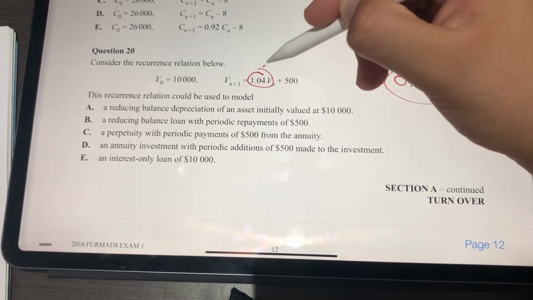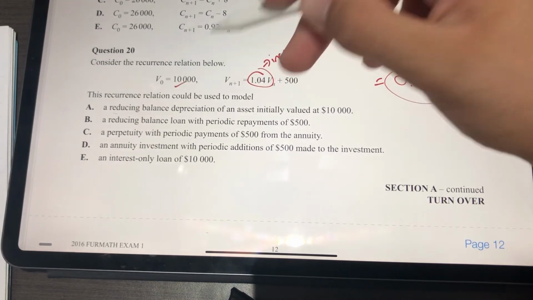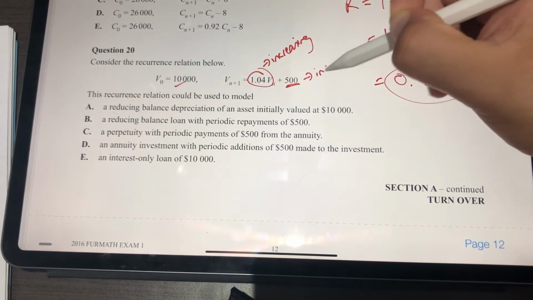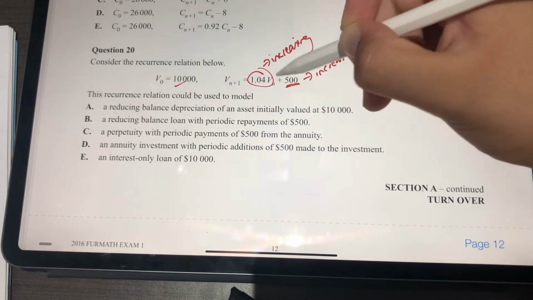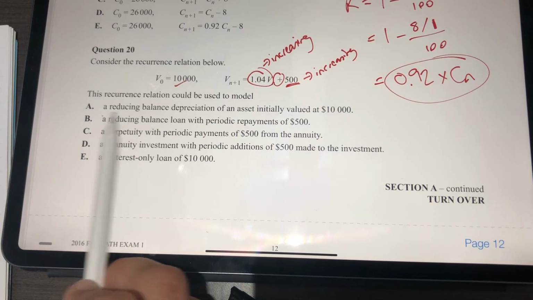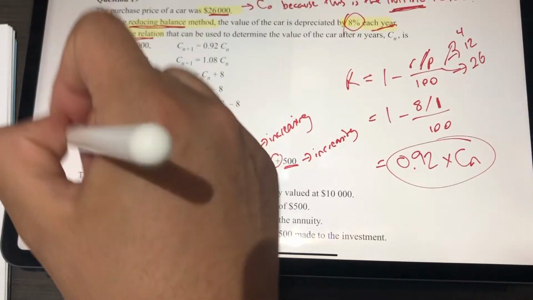If this is greater than 1, it means our $10,000 from here, V0, is increasing. And look at this, if there's anything added, it's a plus. So that means this is also increasing, which means anything with reducing balance, I don't even need to read the rest of my options. I just know reducing is wrong.